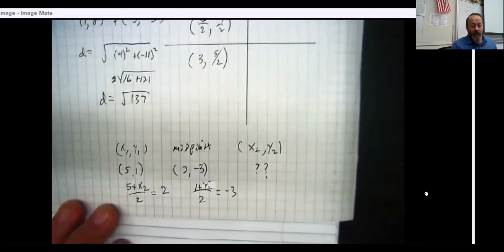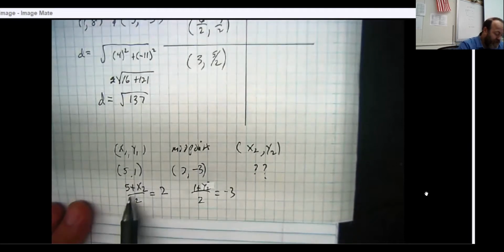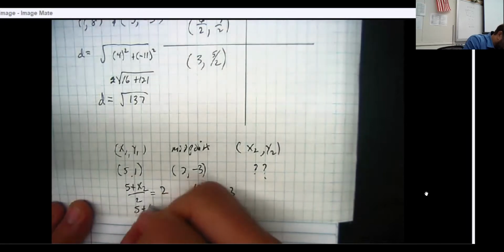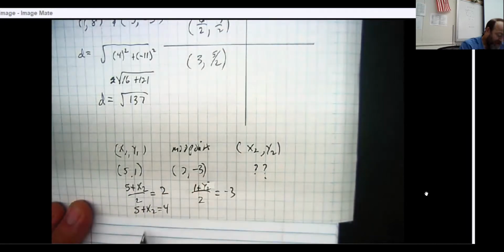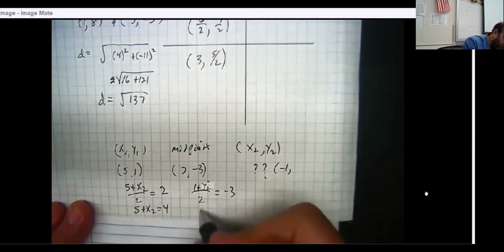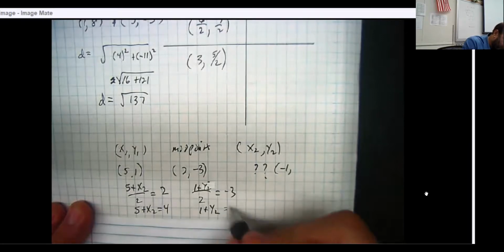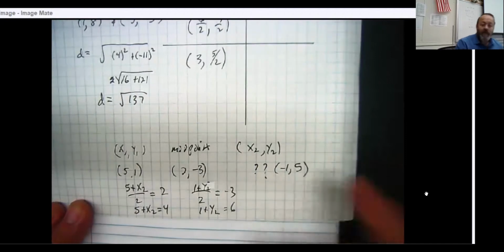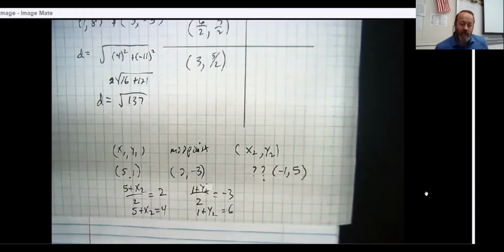Now, you can kind of think about this a little bit, that 5 plus, well, I can cross multiply, might as well do that. 5 plus x2 is 4. That's going to make x2 the number -1. I've got it. Nice. And then over here, if I cross multiply, 3 times 2 is 6, and that's going to make y2 the number 5. So I can kind of tell that my midpoint is the number -1, 5.